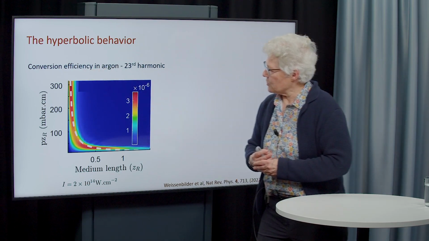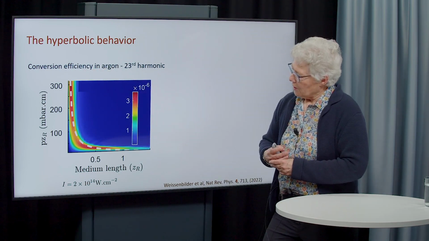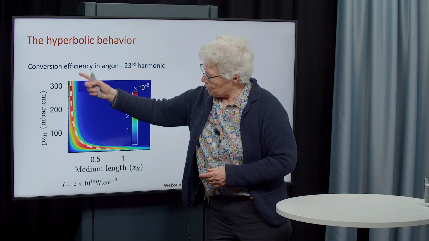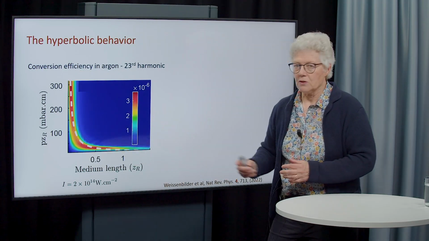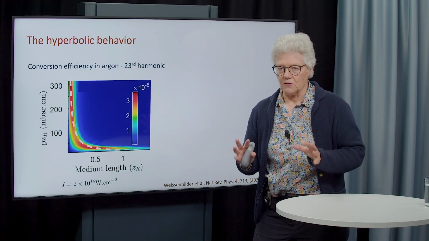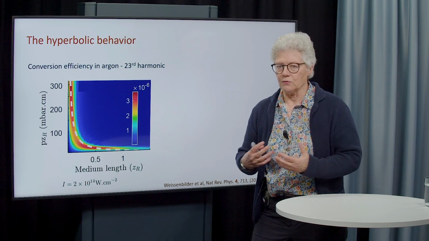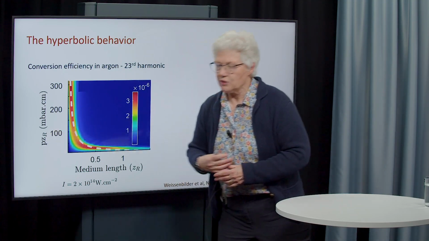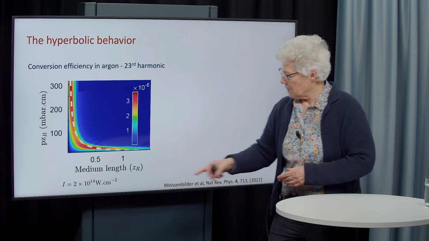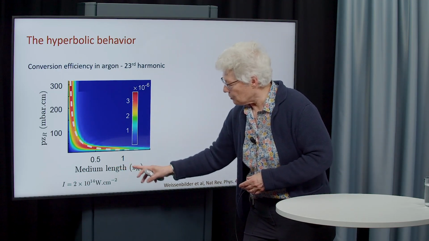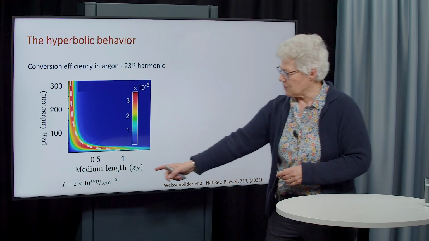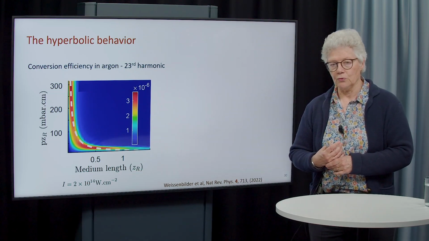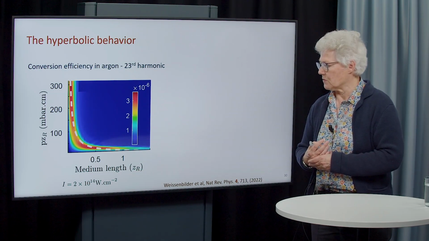This conversion efficiency is in color, and it's as a function of pressure and medium length, again in these scaled parameters which account for the geometrical scaling: pressure times the Rayleigh length, and medium length in units of the Rayleigh length. This is for an intensity of 2 times 10 to the 14 watts per square centimeter.